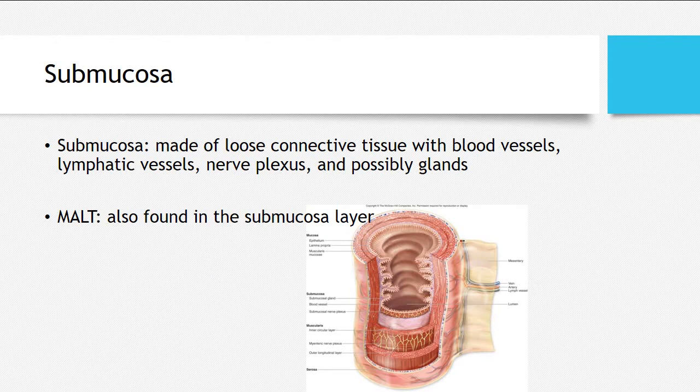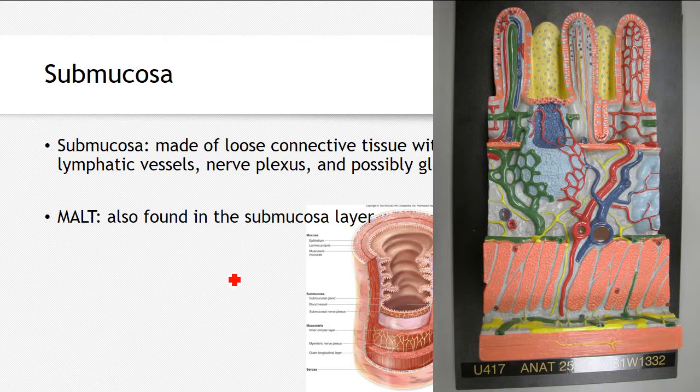What kind of structures form this MALT? The Peyer's patches, right? The aggregated lymphoid nodules, which is shown over here. This is a Peyer's patch here, also known as an aggregated lymphoid nodule.